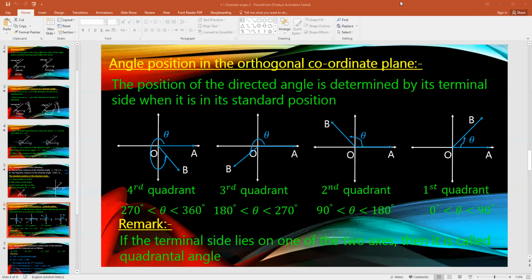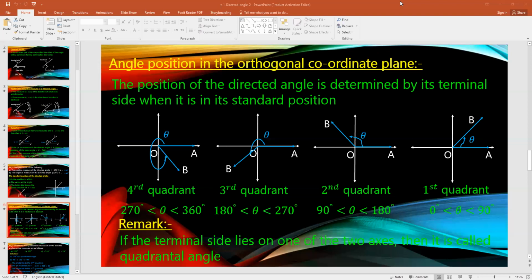Here, what is the meaning of positive and negative measure of a directed angle? The measure is positive if the direction of the rotation is anti-clockwise. For example, here, if I have this directed angle, it is the ordered pair BA, BC, because the initial side is BA and the terminal side is BC.